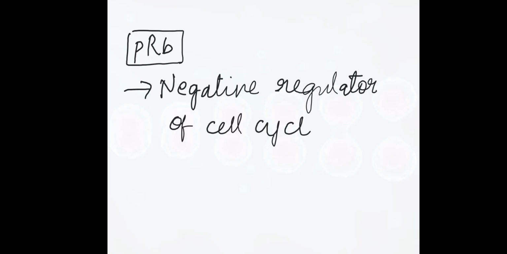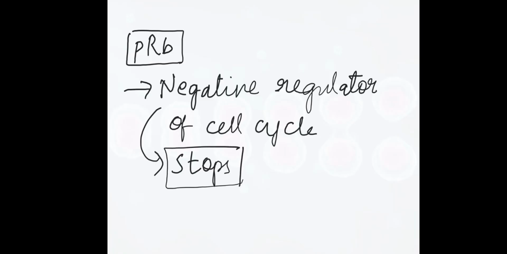Negative regulator means it stops something. It stops a phase of the cell cycle. It arrests the cell cycle at a particular phase. Which phase, when and where, you'll come across in just a few minutes.